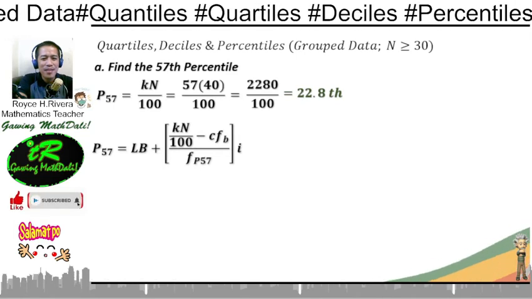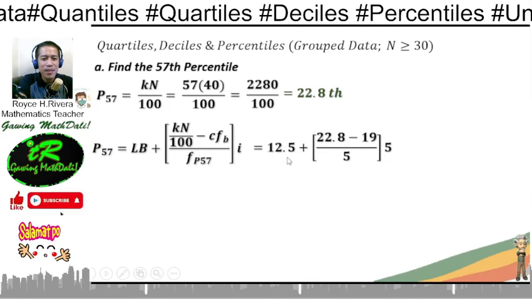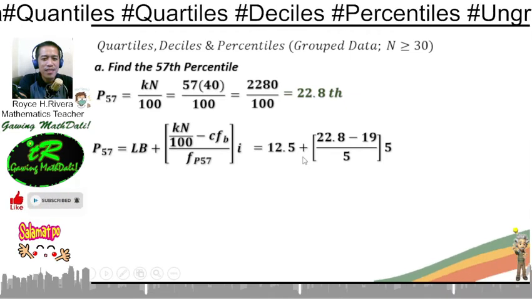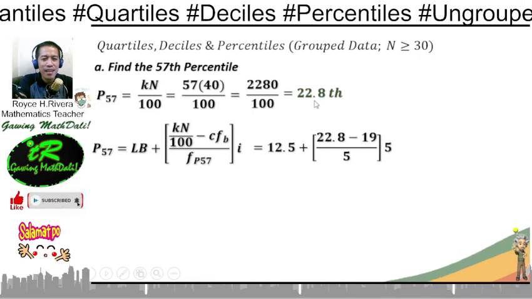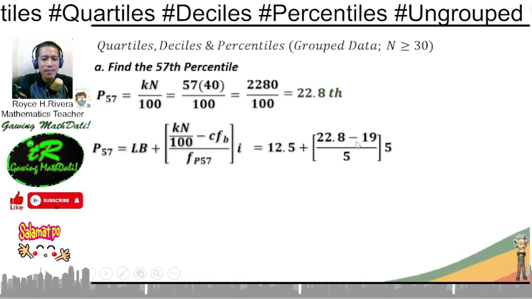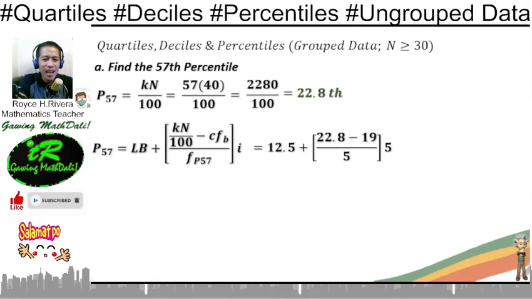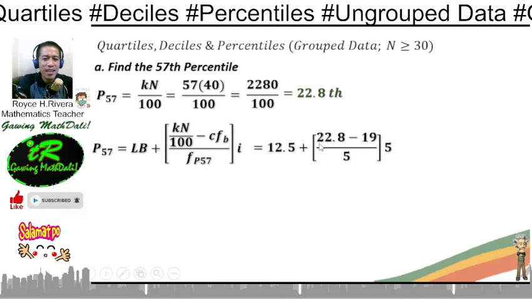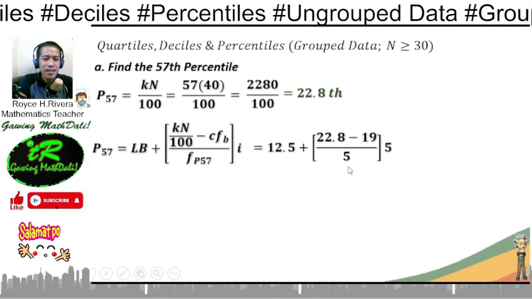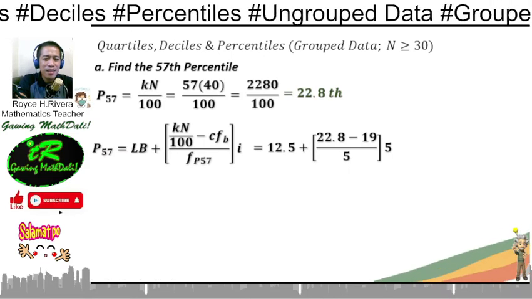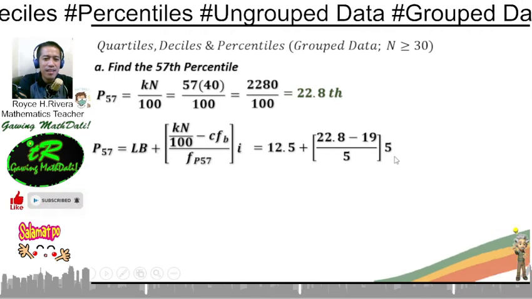By substitution, we have the lower boundary 12.5 plus the position of the 57th percentile 22.8 minus the cumulative frequency before the class in which 22.8 data belongs, 19 all over 5, which is the frequency of the class, and the interval is equal to 5.